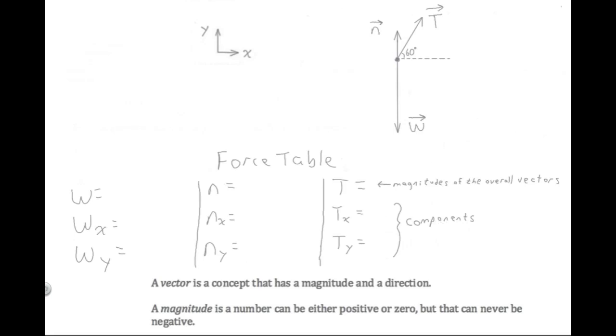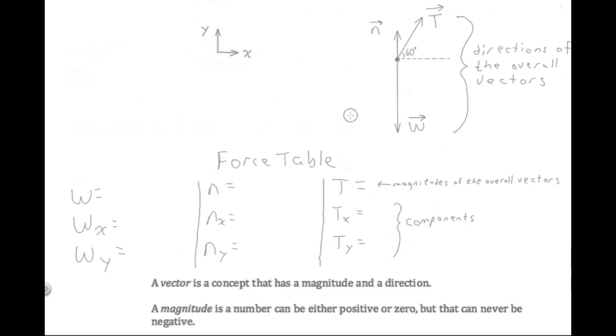So notice that our free body diagram represents the directions of the overall vectors. The first row of the force table represents the magnitudes of the overall vectors. And then these 2 rows of the force table represent the components of the force vectors.